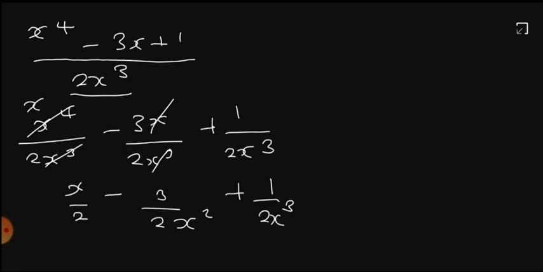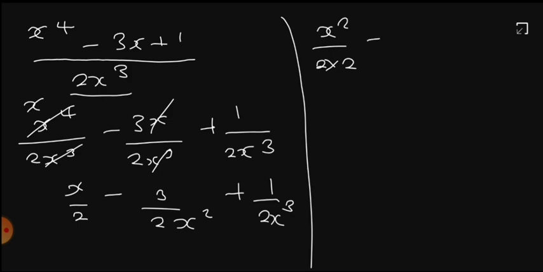Then from there we can integrate and say x over 2. When you integrate x itself, it is going to give you x squared divided by 2. So I'm saying x squared over 2, since there's already 2 down, 2 comes down, minus 3 there becomes 3x.